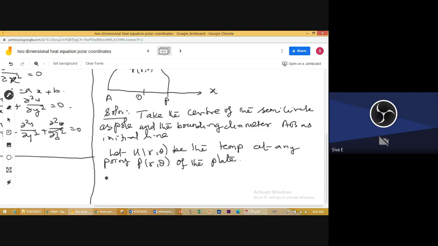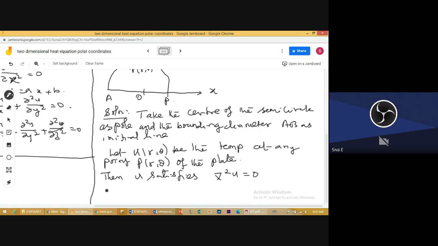Then u satisfies the two-dimensional Laplace equation del square u equal to 0.